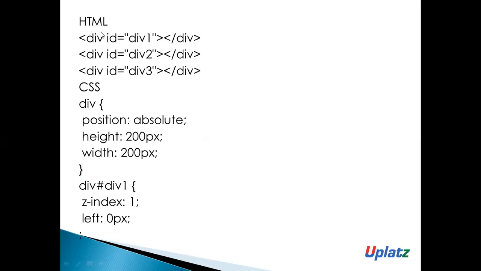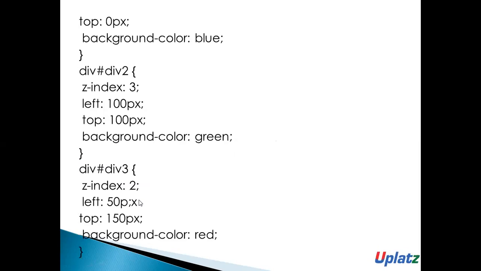In the HTML there are div 1 id, div 2 id, and div 3. For these three ids, I'm making position absolute for the common div, and for the div with id 1 I'm making z-index 1, top, and background blue.